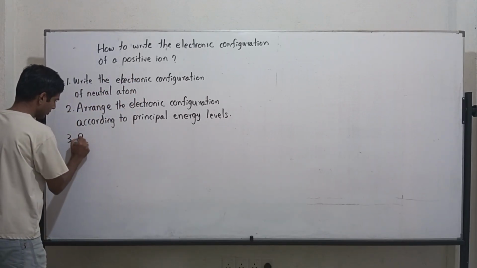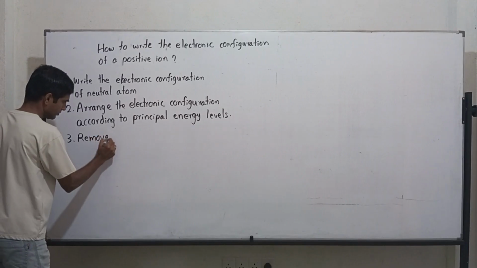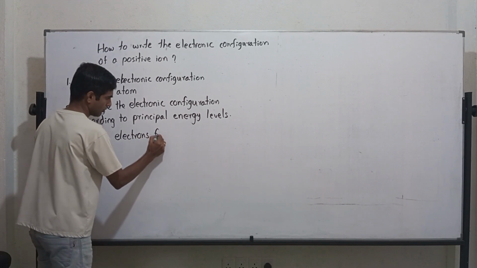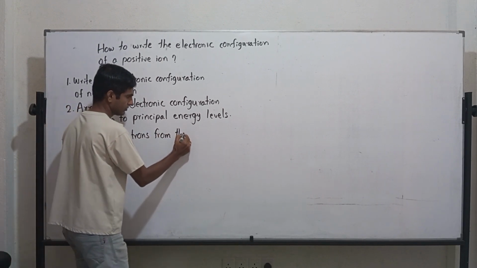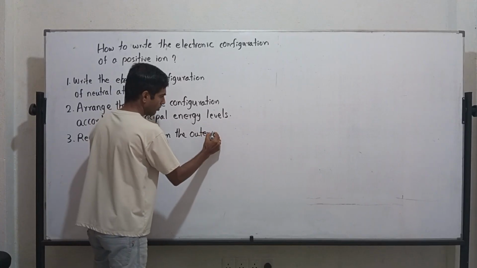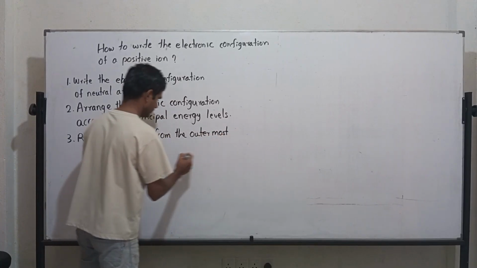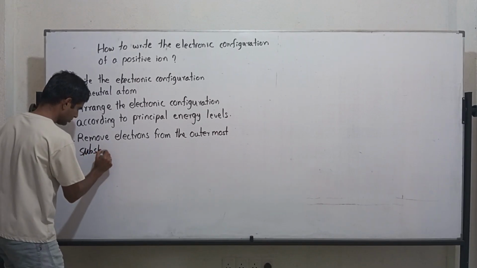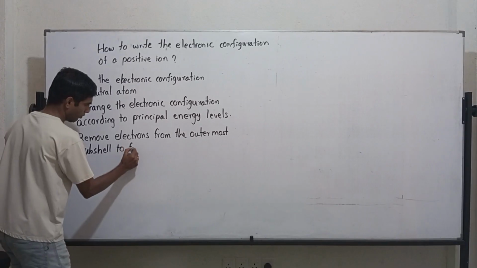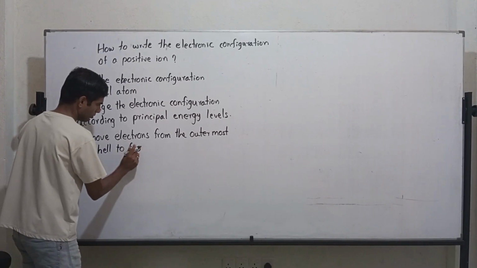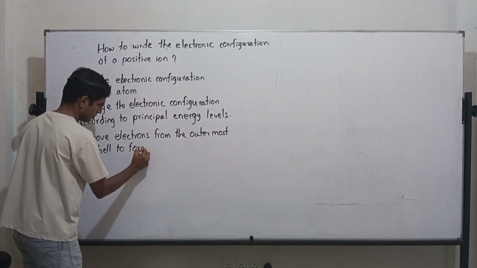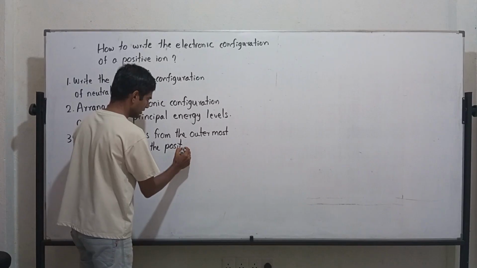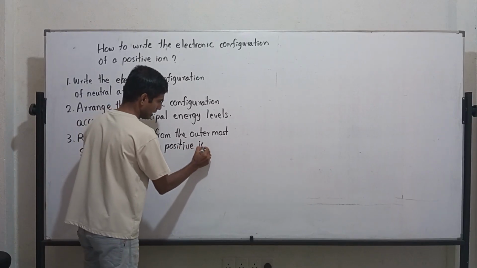Then we can remove electrons from the outermost subshell to form the cation, or form the required positive ion.